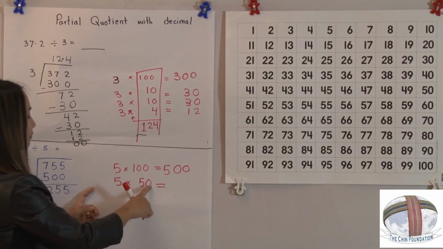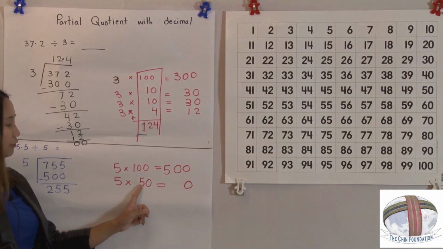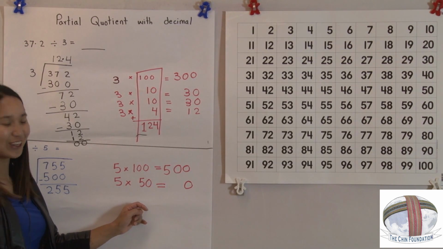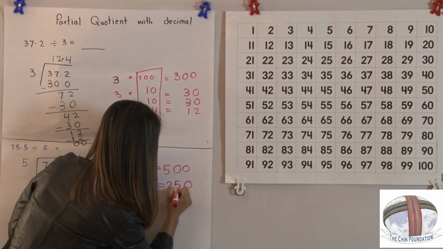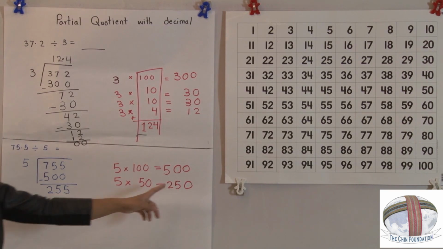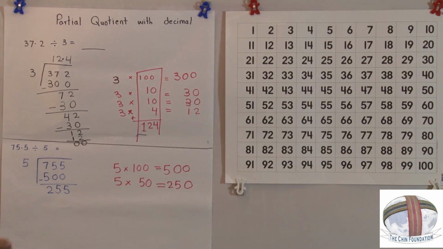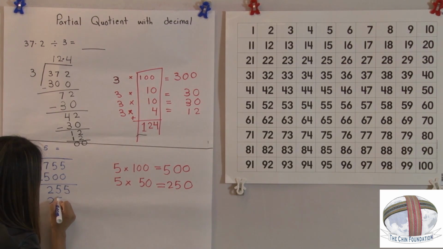Okay, 5 times 0 is 0. 5 times 5 is 25. So let's say 25. Woo, it's so close. 255, 250. Okay, we need to put this number over here. So 250.